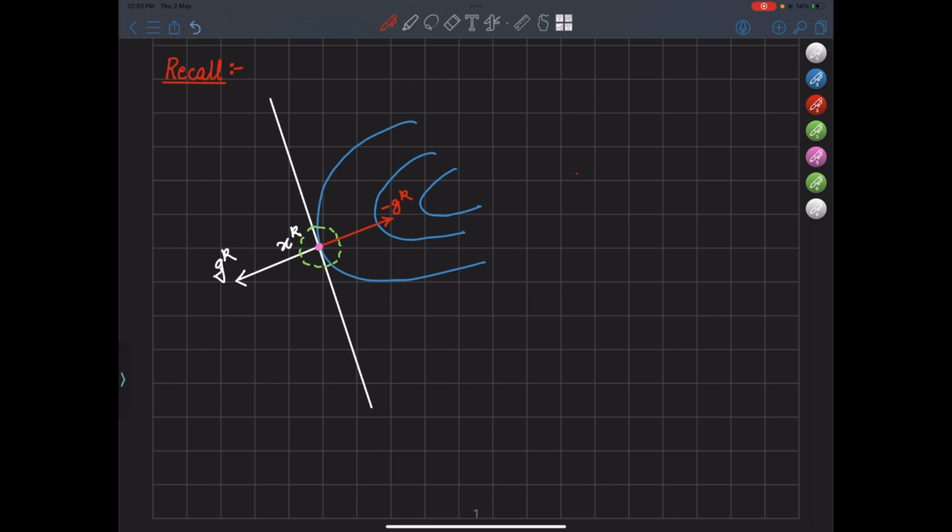So in steepest descent method, the descent direction is chosen to be the opposite direction of the gradient, that is minus gk.